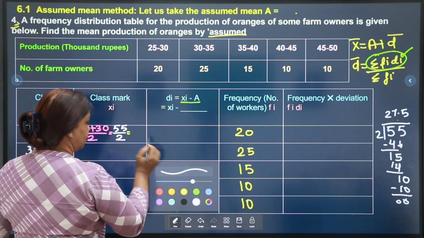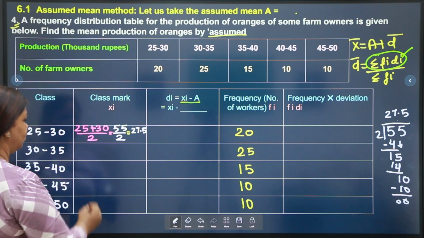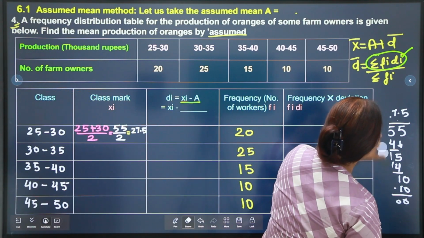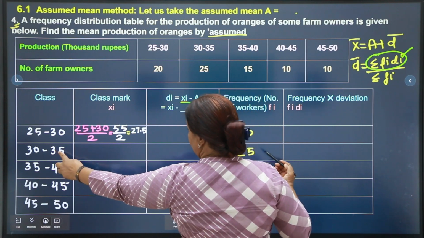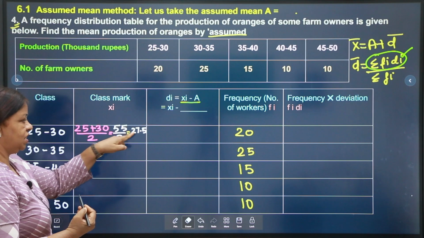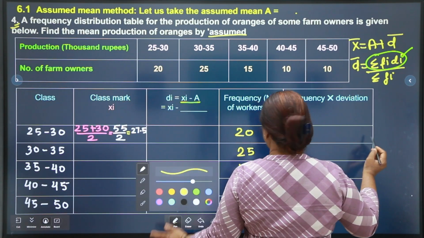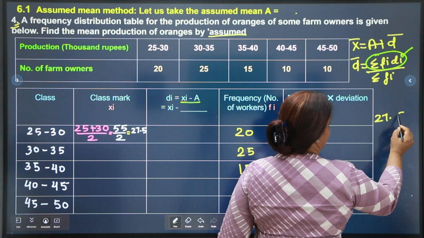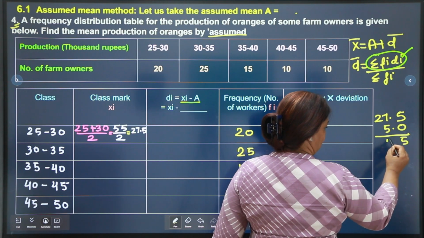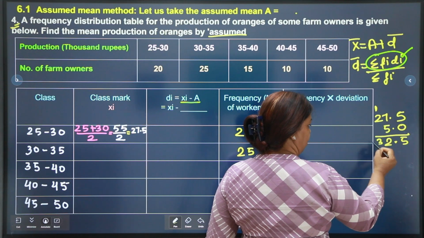27.5. And now we can find out the class mark for the second class by just finding the class interval. 35 minus 30 is 5. So add 5 in every class, 27.5. If I add, how to add? 27.5, in that I need to add 5. 5, 7, 5, 7, 5, 12, 1, 32.5.